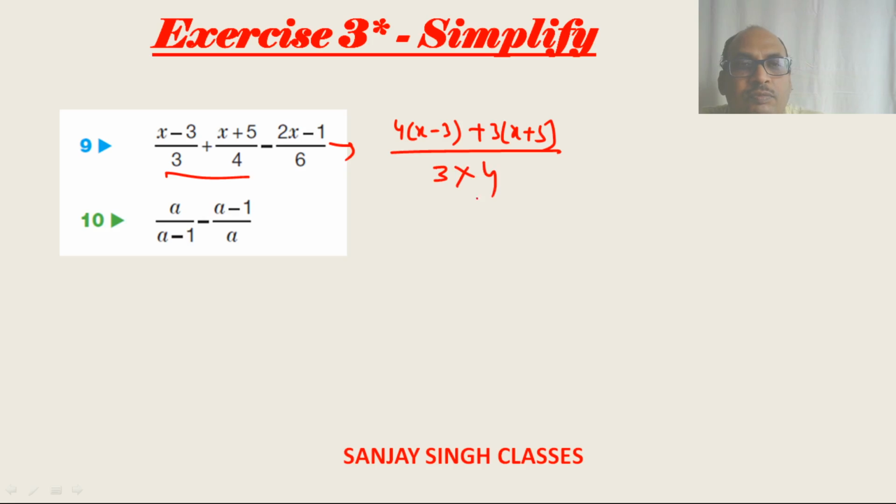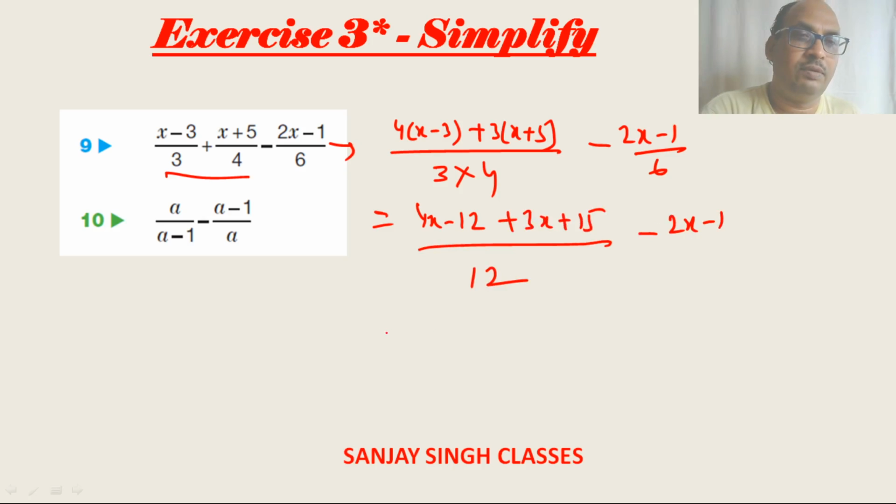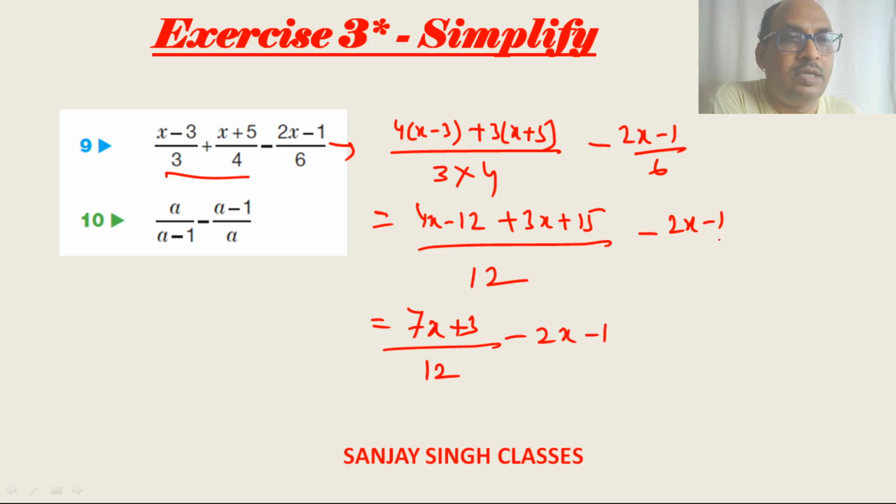So 3 into 4 minus 2x minus 1 by 6, and further 4x minus 12 plus 3x plus 15 divided by 12 minus 2x minus 1, and it is giving to us as 4x plus 3x, 7x, minus 12 plus 15, so plus 3 divided by 12 minus 2x minus 1 by 6 by 6.